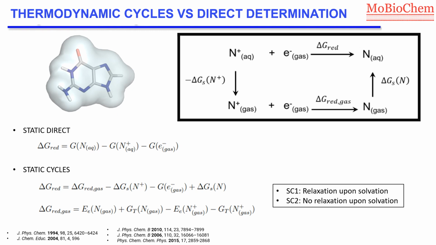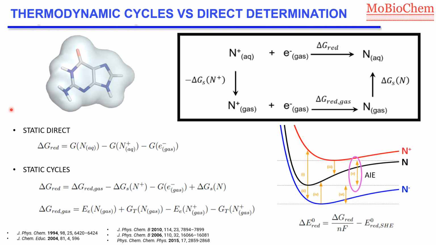Two different versions of this thermodynamic cycle were tested. In the first one, the geometric relaxation of the solute upon solvation was considered, whereas in the second version, this relaxation was not taken into account.